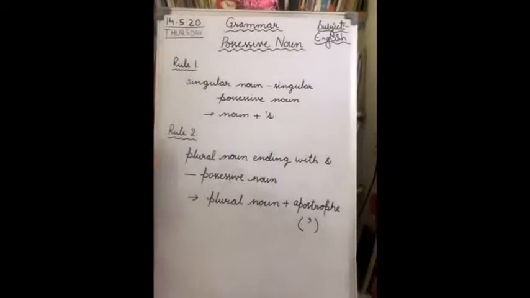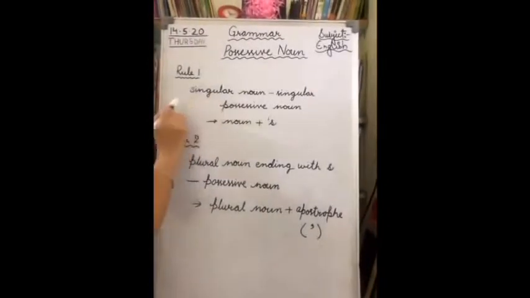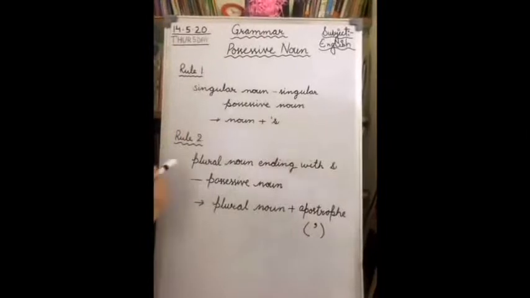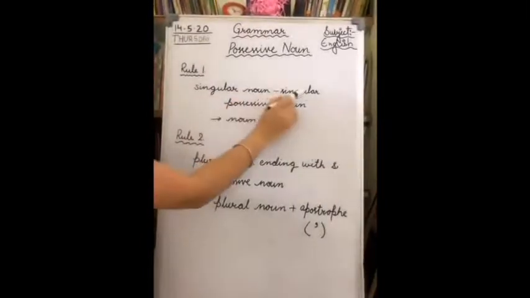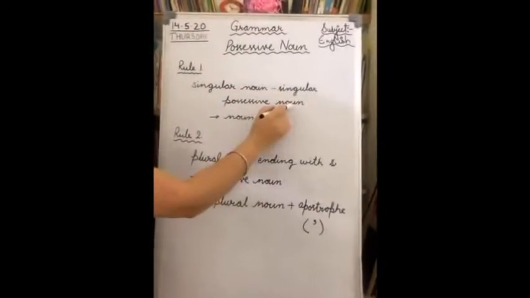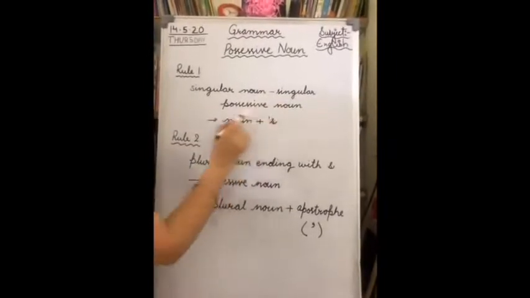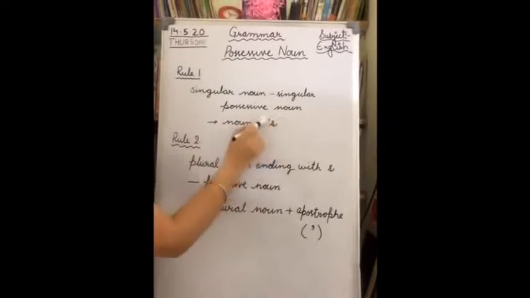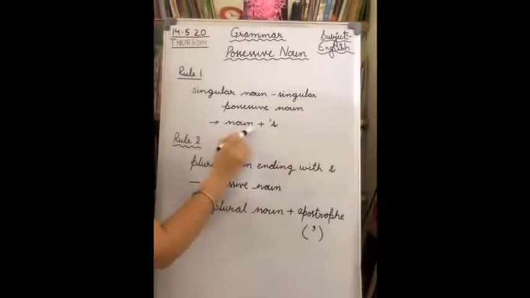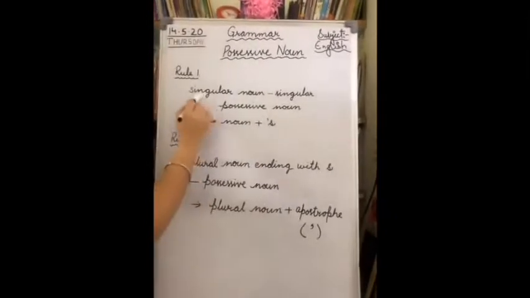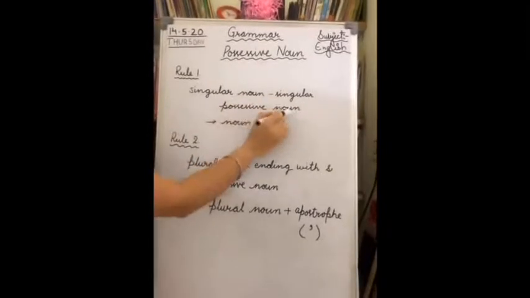Possessive nouns. Rule number 1. Children, in first rule, to change a singular noun into a singular possessive noun, what we do? We use apostrophe s. Yes, we add apostrophe s to a noun that converts singular noun into singular possessive noun.